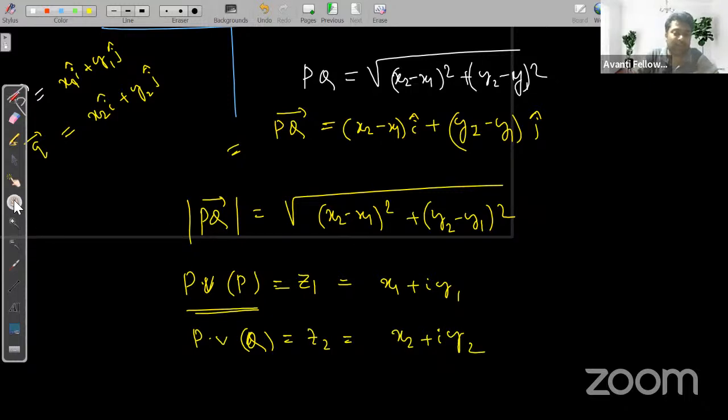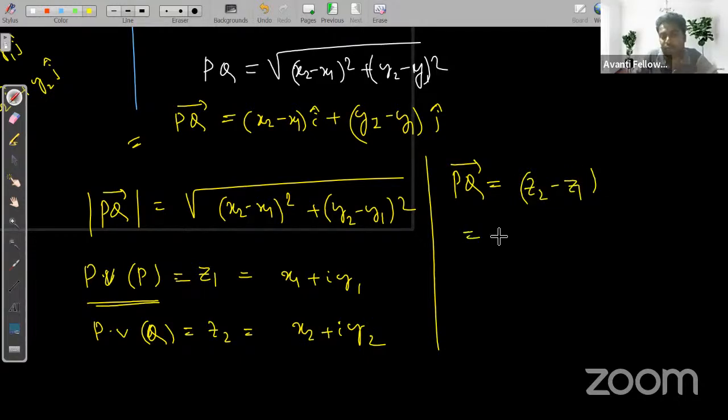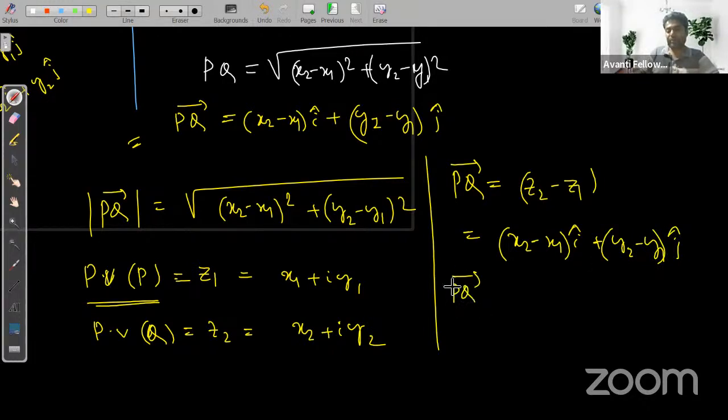So now we can say the vector PQ is Z2 minus Z1, which is equal to (x2 minus x1) plus i (y2 minus y1). And the magnitude of vector PQ is the square root of (x2 minus x1) whole square plus (y2 minus y1) whole square.